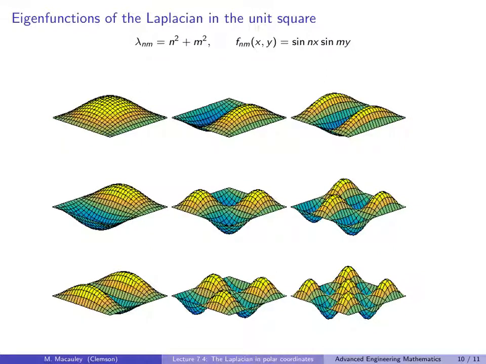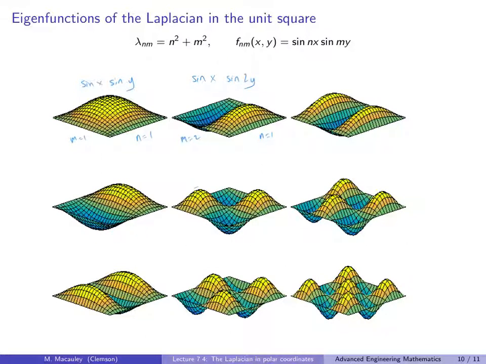So in this first case, this is when n equals 1 and m equals 1, and the function is sine of x, sine of y. In the second example, this is n equals 1 and m equals 2. Again, think of this cross-section as sine of 2y, and this cross-section as sine of x.